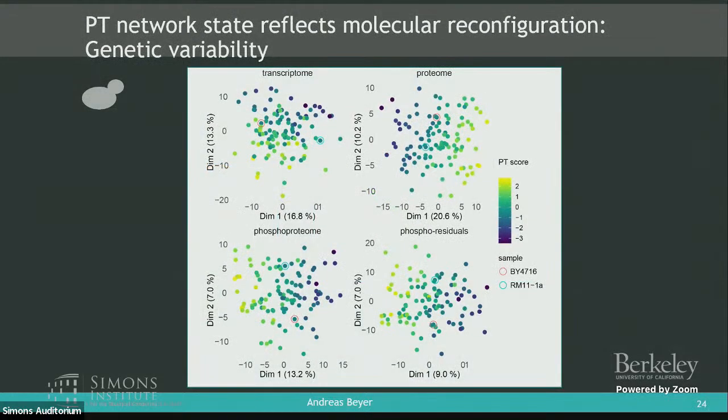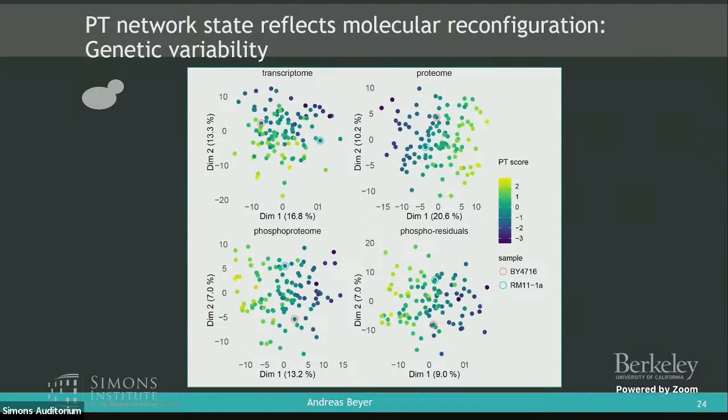And this is, I think, the most important slide of my presentation, because the amazing observation is that this PT score, it's one value, a one-dimensional value, and this one value correlates very strongly with large parts of the molecular variation in this cross.